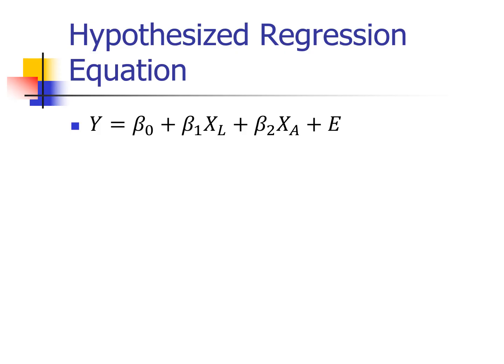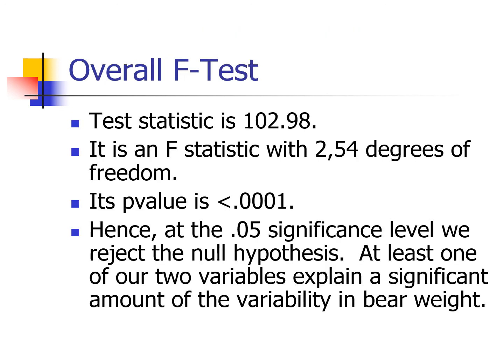So here's what our hypothesized regression equation looks like. Y, the true weight of a bear, we're conjecturing is this linear combination of its length and its age. Our overall F-test had a test statistic of 102.98. This is an F statistic with 2 degrees of freedom in the numerator, 54 degrees of freedom in the denominator.